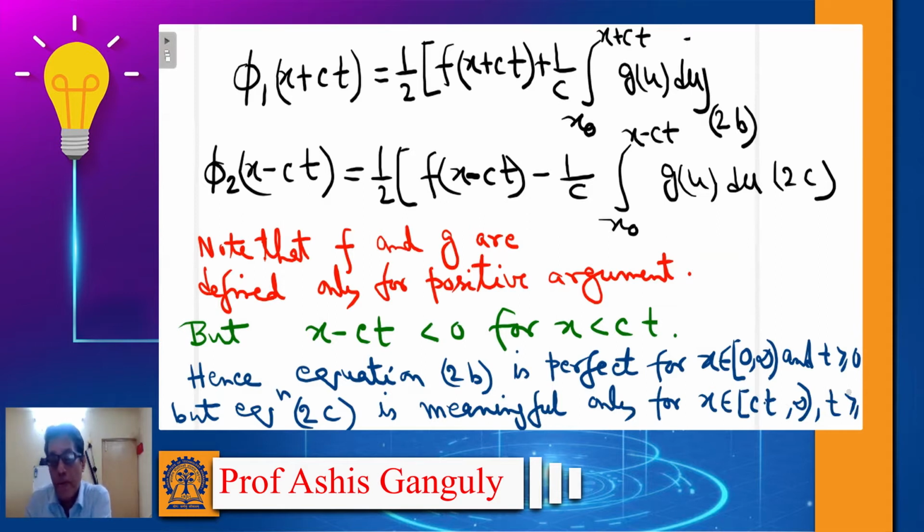Understand? Because when the argument x minus ct goes negative, f is not defined there. So equation 2c has no meaning. So what is the takeaway then?